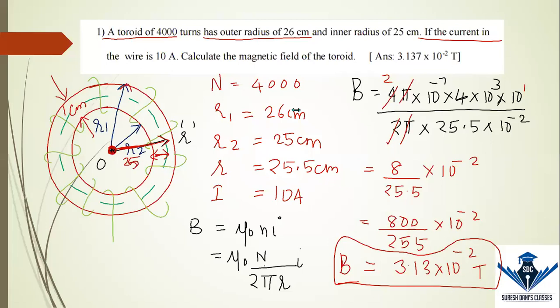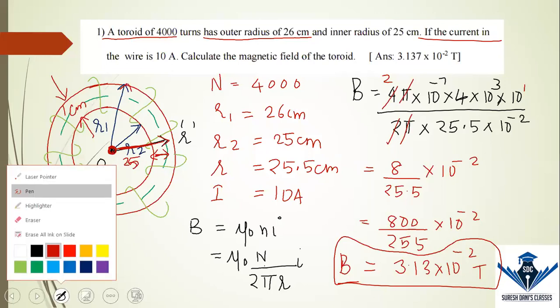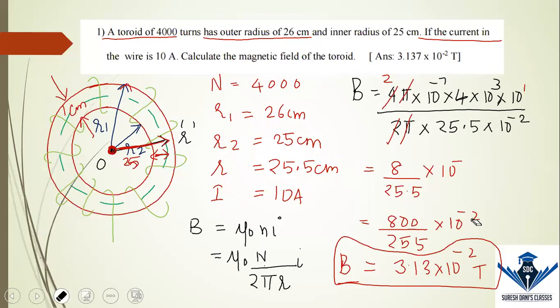How much is the current? 10, right? Okay, 4 pi into 10 raised to minus 7 into 4,000 into the current. Okay, it's 80 upon 254. This is -1.